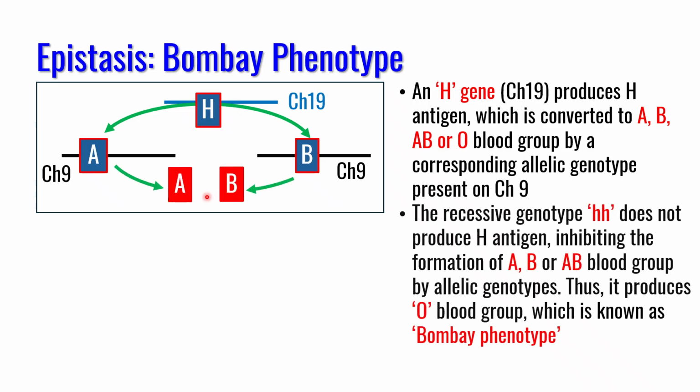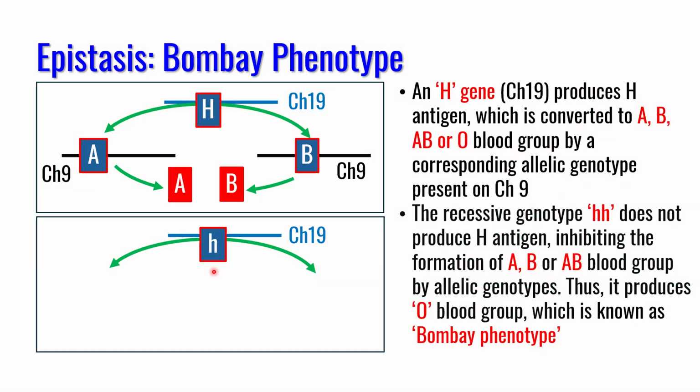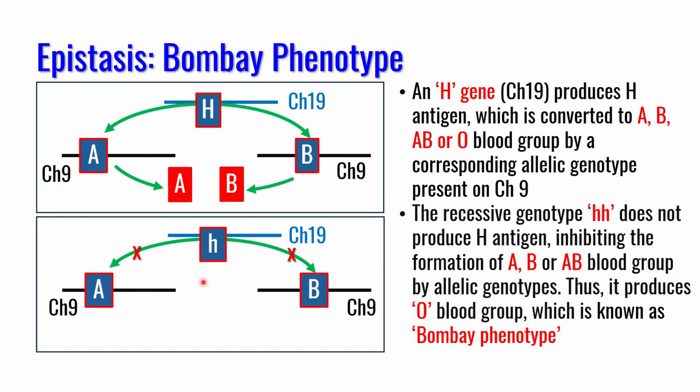However, when H gene is recessive, H antigen is not present and therefore blood group A, B or AB is not produced by the corresponding allelic genotype. They all produce blood groups similar to O blood group. This type of O blood group, which is produced due to absence of H antigen, is known as Bombay phenotype.